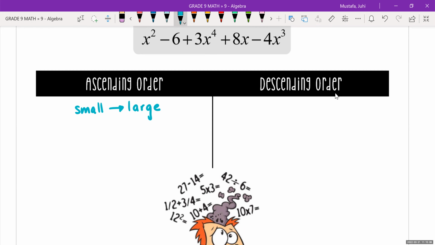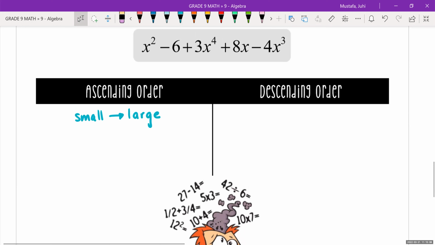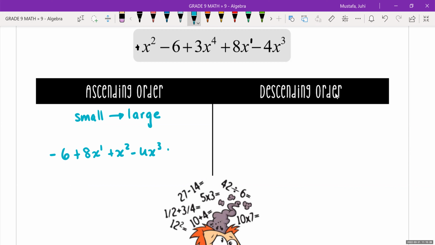So it's going to be negative 6. Positive 8x power 1 and positive x squared minus 4x to the power of 3 plus 3x to the power of 4.